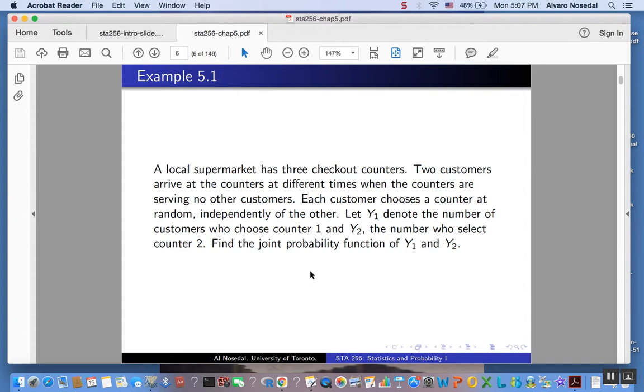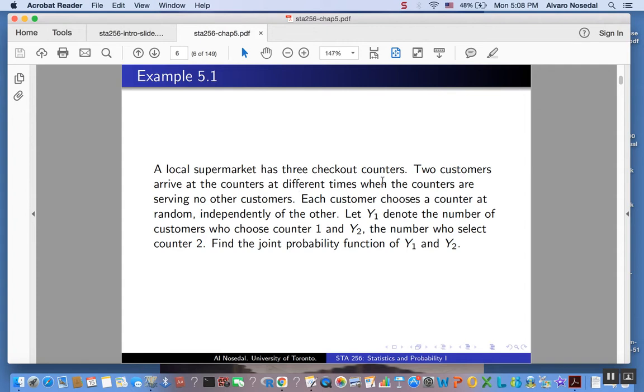Okay, so we're going to proceed in a similar fashion as we would for the univariate case, back when we had only one single random variable. The first step would be defining the random experiment. As you can see, in this case we have 3 checkout counters, and we have two customers who arrive at different times.